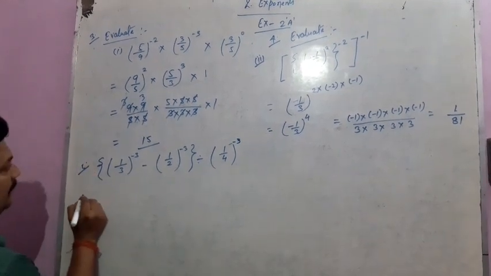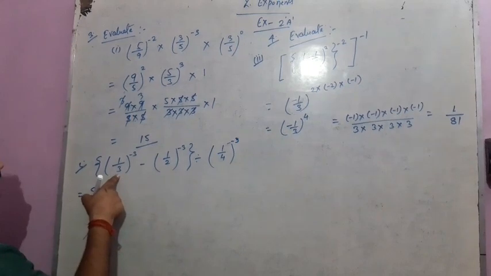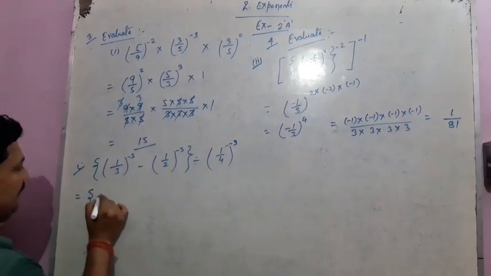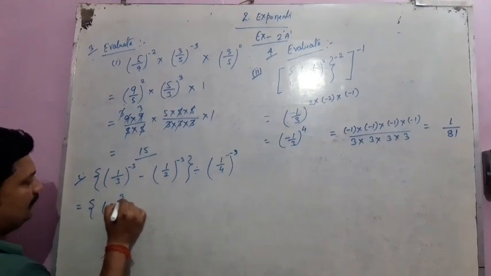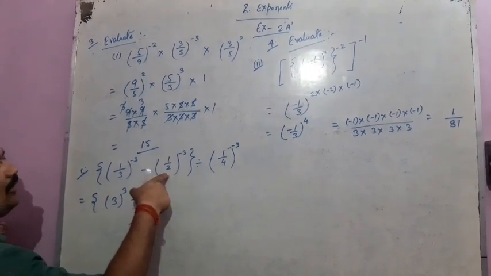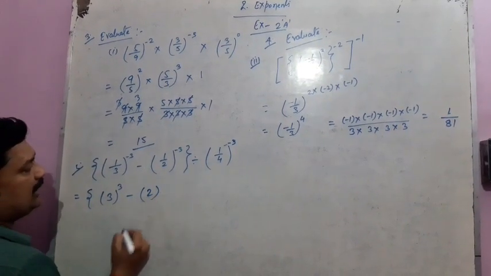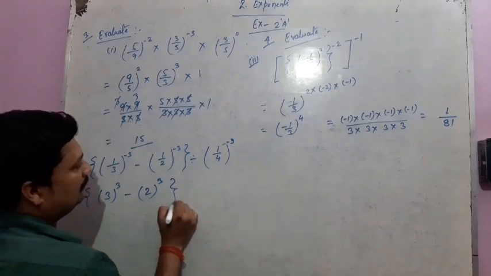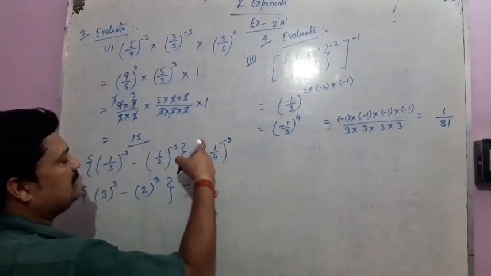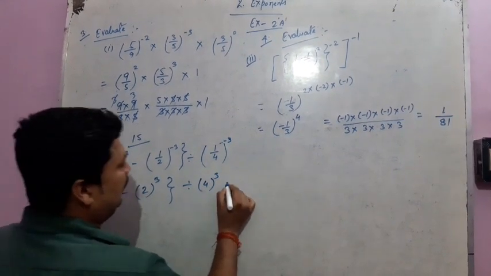Now for solving it, first we have to remove the negative sign. For that we have to write the reciprocal of this fraction. The reciprocal of 1 by 3 is 3 by 1, that we can also write as 3. Also for removing this minus sign, we have to write the reciprocal of this fraction. The reciprocal of 1 by 2 is 2 by 1, that we can also write as only 2. And for removing this minus sign, we also write the reciprocal of this fraction, that is 4 by 1 or only 4.